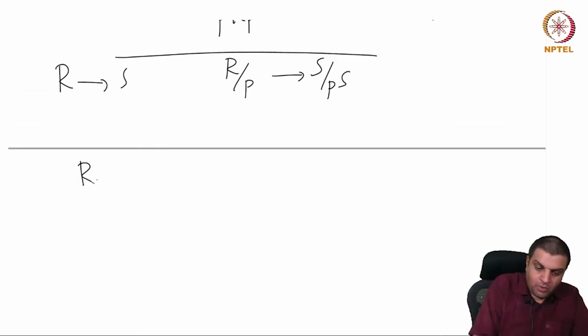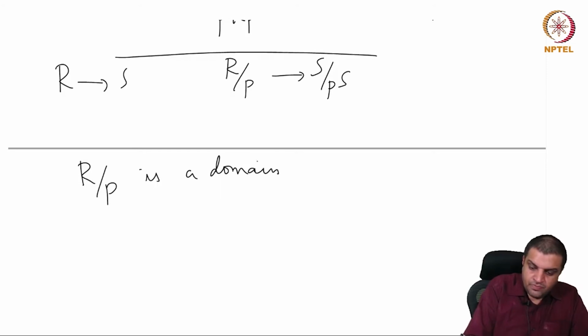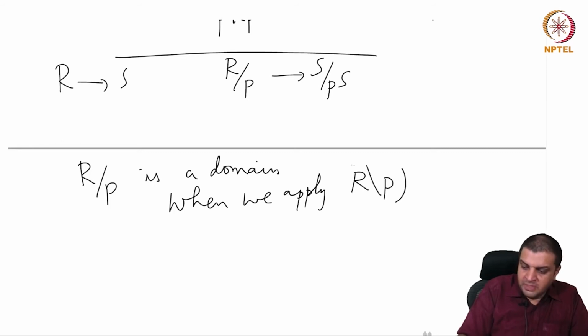R mod P is a domain. So when we apply R minus P inverse, let's call this map phi bar.